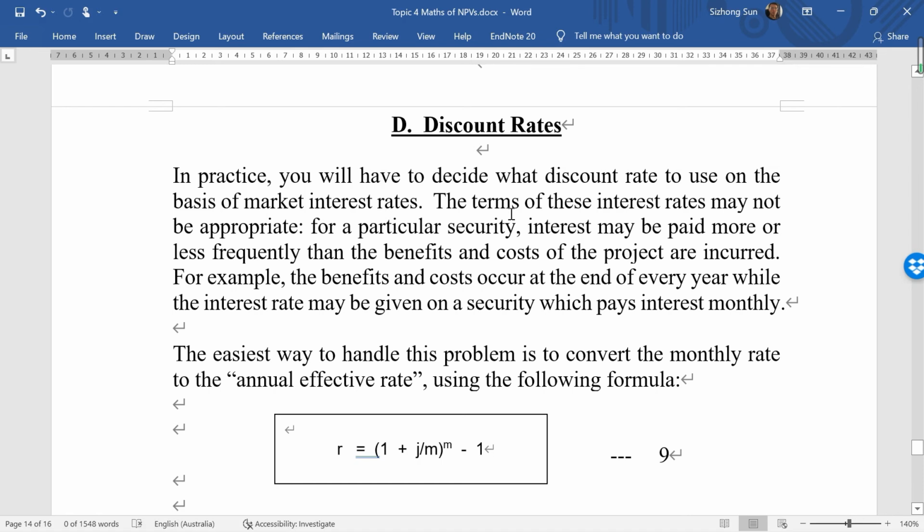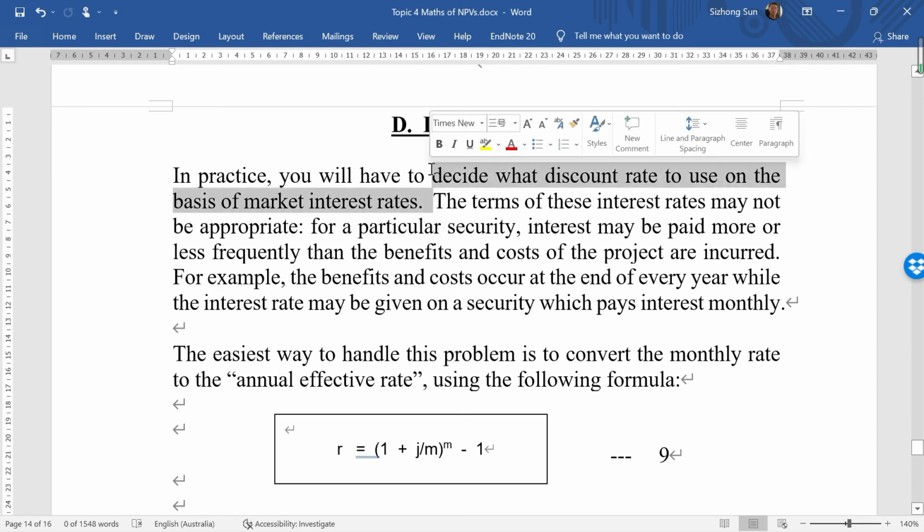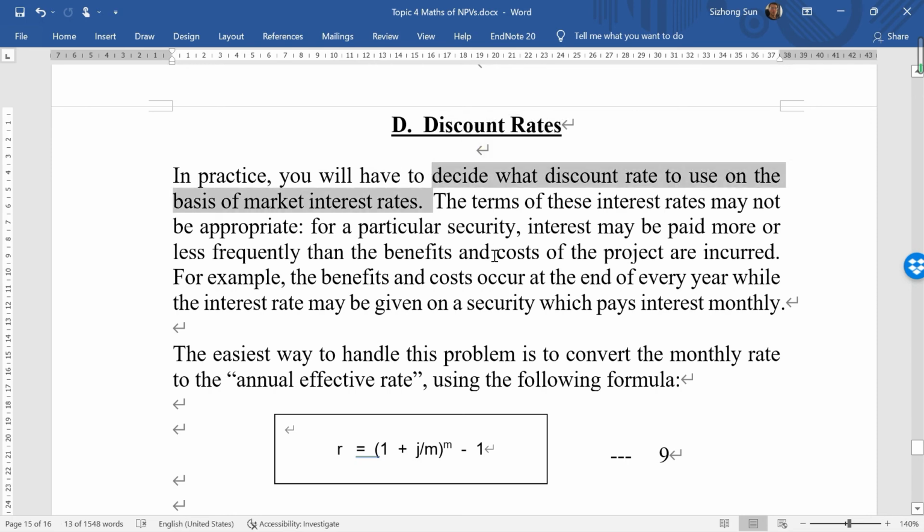Right, the last formula we want to talk about is computing annual effective rates. In practice, you will have to decide what discount rate to use on the basis of market interest rates. And in topic 8, we will talk more about choosing an appropriate discount rate.